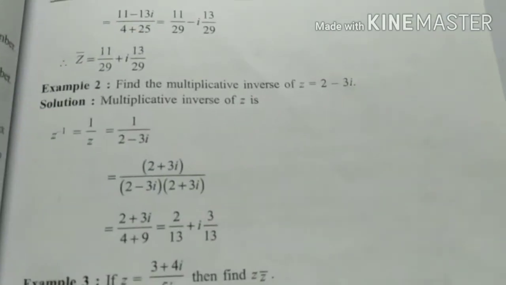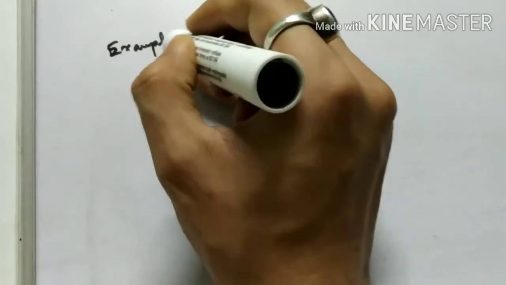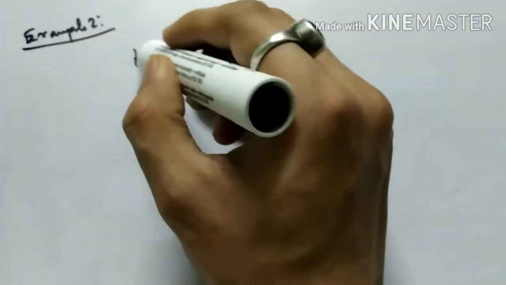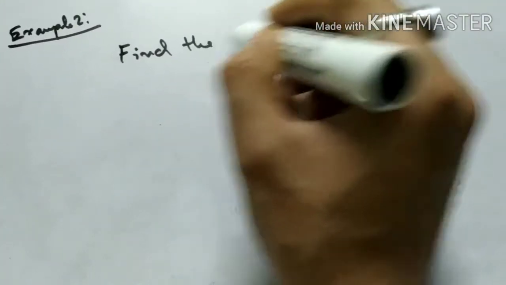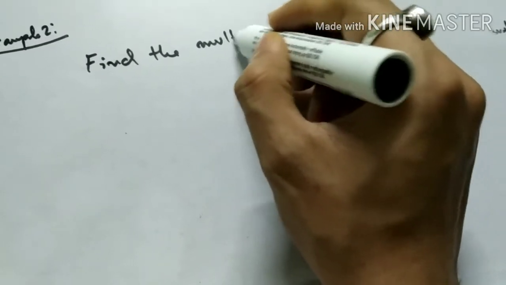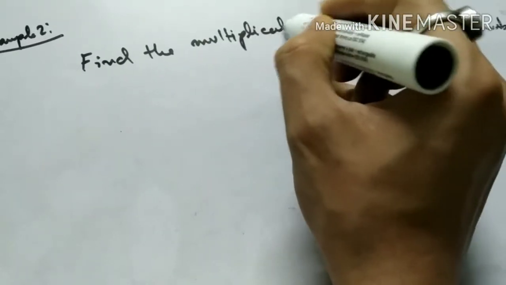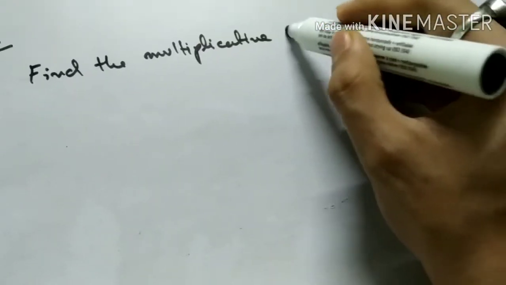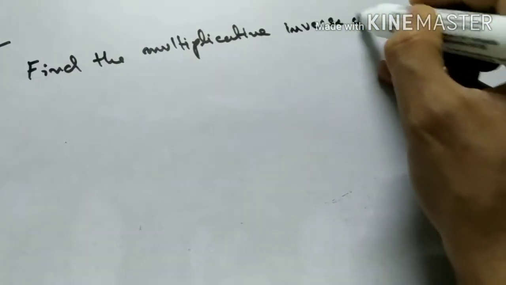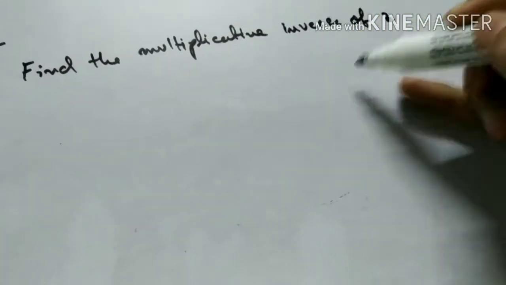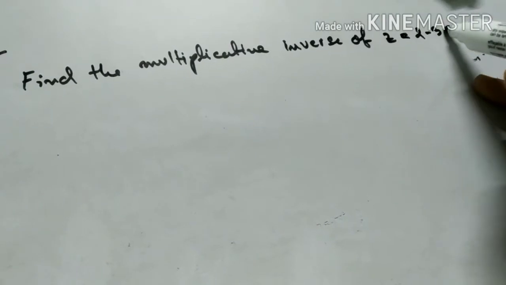Next, example 2. It is saying to find the multiplicative inverse of z, where z is equal to 2 minus 3i.